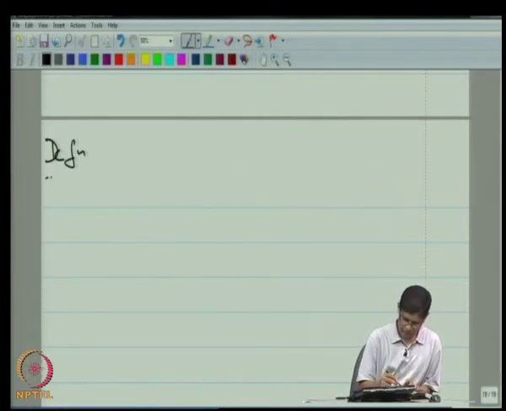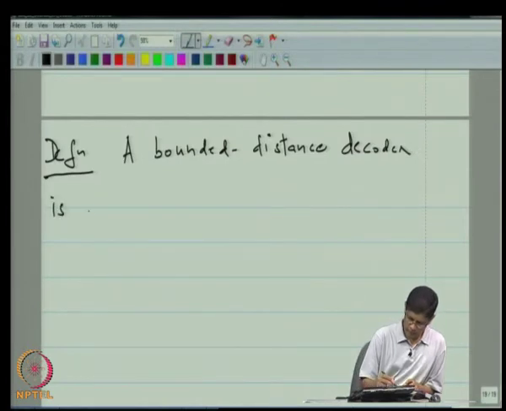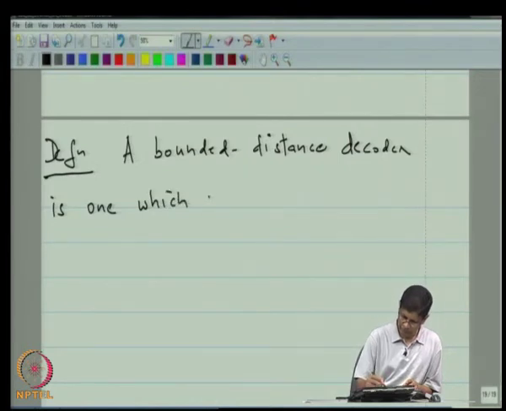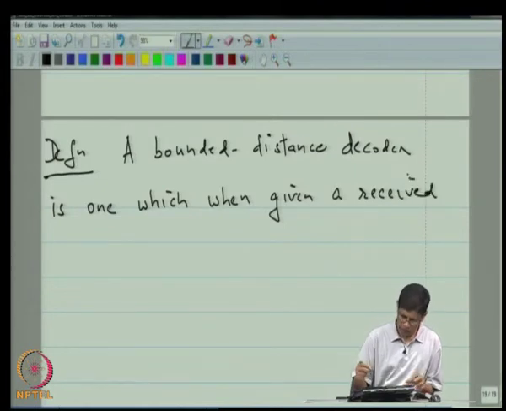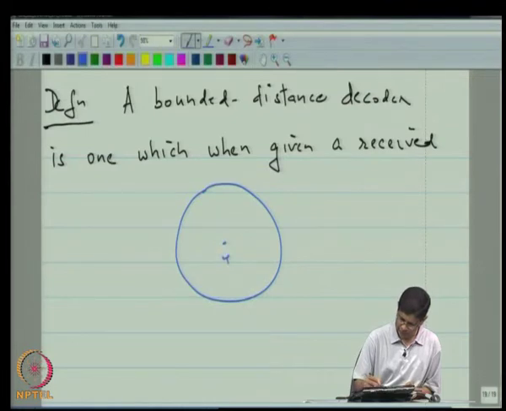Definition: a bounded distance decoder is one which, when given a received vector y, examines the ball B(y, t), which I have shown above, and t is going to be (d minus 1) over 2 as always. I am also going to draw a picture here in the middle of this definition, just to make things clearer.